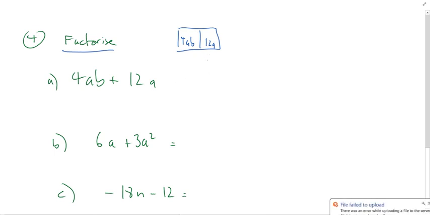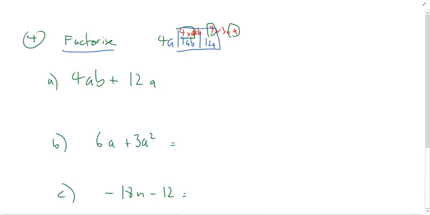So there's an a in both of them, so the a can go out here, and 4 goes into both of those because that's the same as 4 times a times b, and this one is the same as 4 times 3 times a. You see, 4a is in that, and a 4 and an a in that. So 4a out here, and what's left of b, here I've got 3.